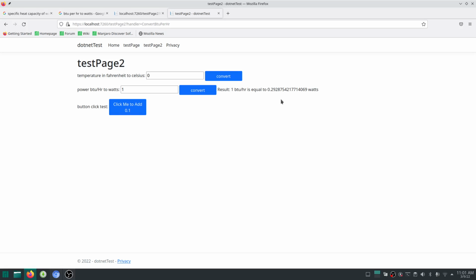How to do submit buttons, how to perform validation, how to make new web pages, how to do dependency injection at multiple levels, the so-called manual way and the more automatic way where we inject services using a scoped object or scoped service.